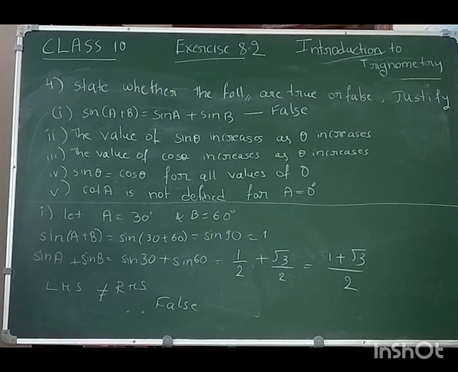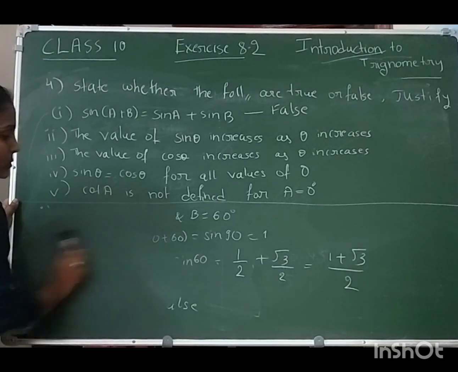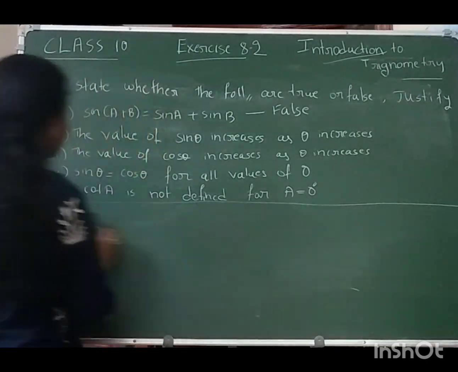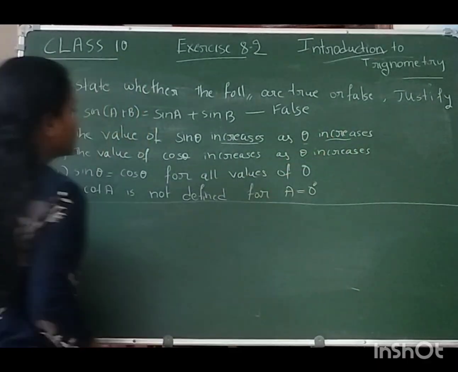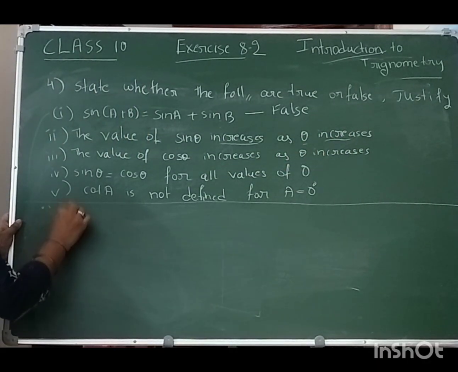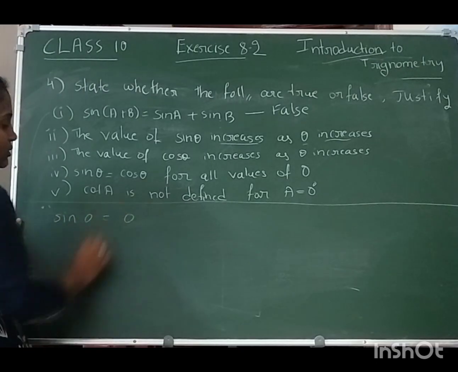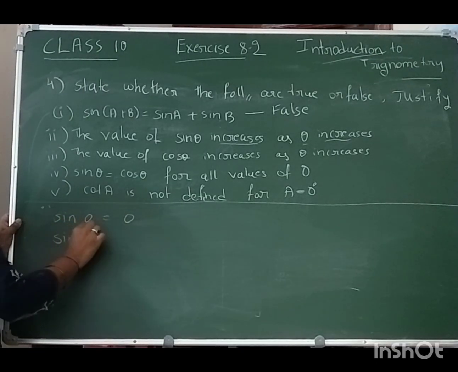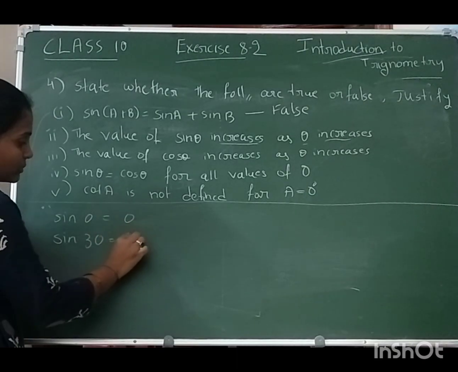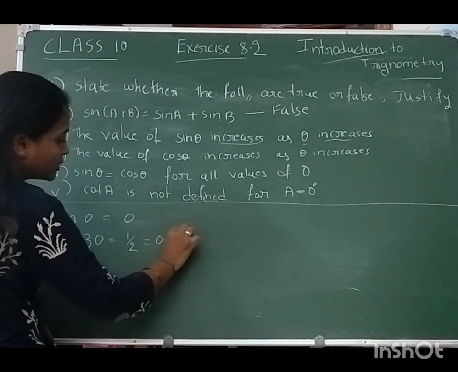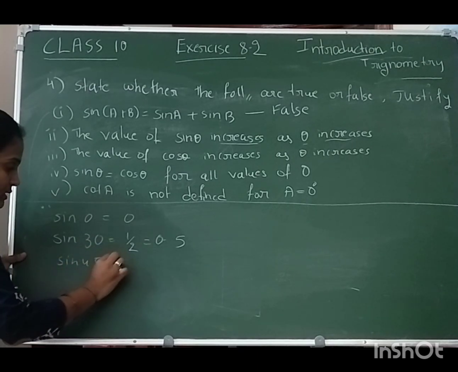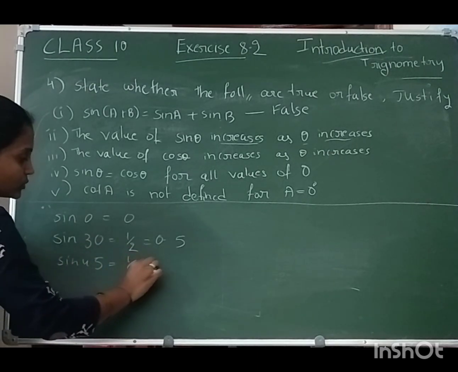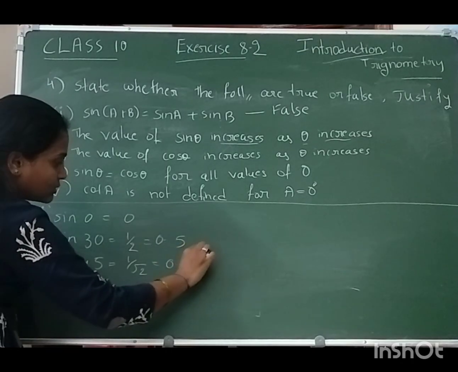Next, we'll move to the second question. The value of sin theta increases as theta increases. Let's take values for theta and we'll see whether it increases or decreases. First considering 0, sin 0 is 0 and sin 30 is 1 by 2, that's nothing but 0.5 in decimal form. Next, sin 45 is 1 by root 2, that is 0.707 in decimal form.